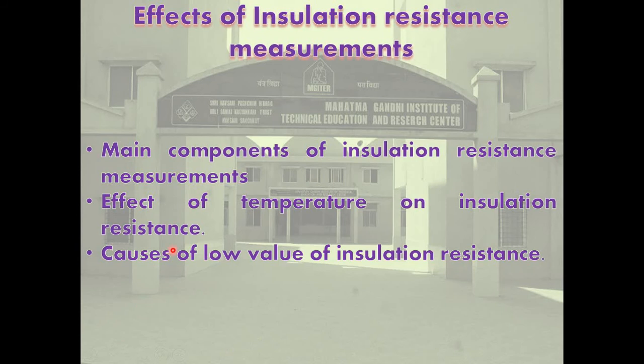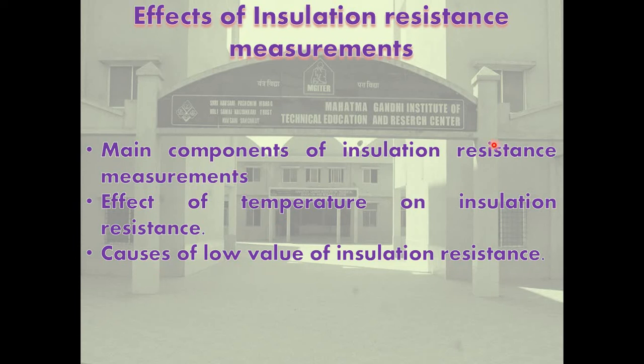Okay. Next, now effect of insulation resistance measurement. In insulation resistance measurement, there are mainly three important topics. First is main components of insulation resistance measurement, effect of temperature on insulation resistance, and causes of low value of insulation resistance.